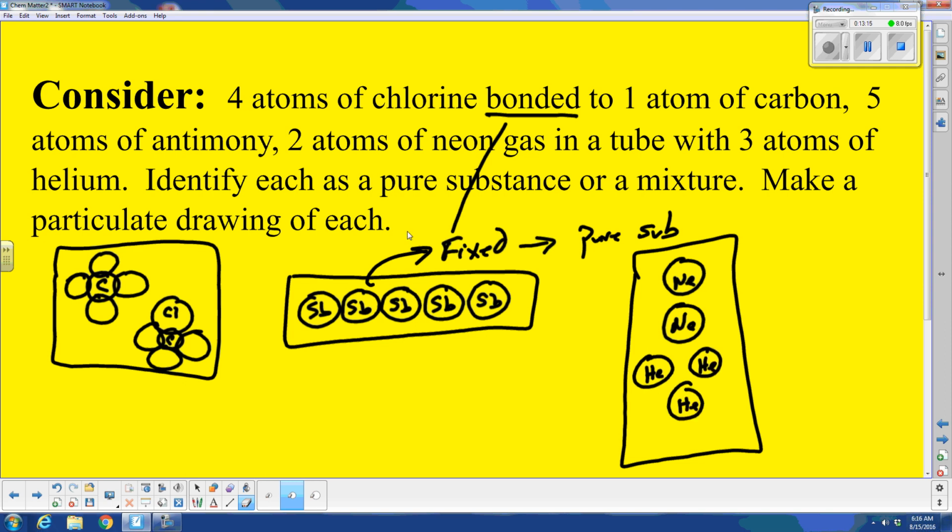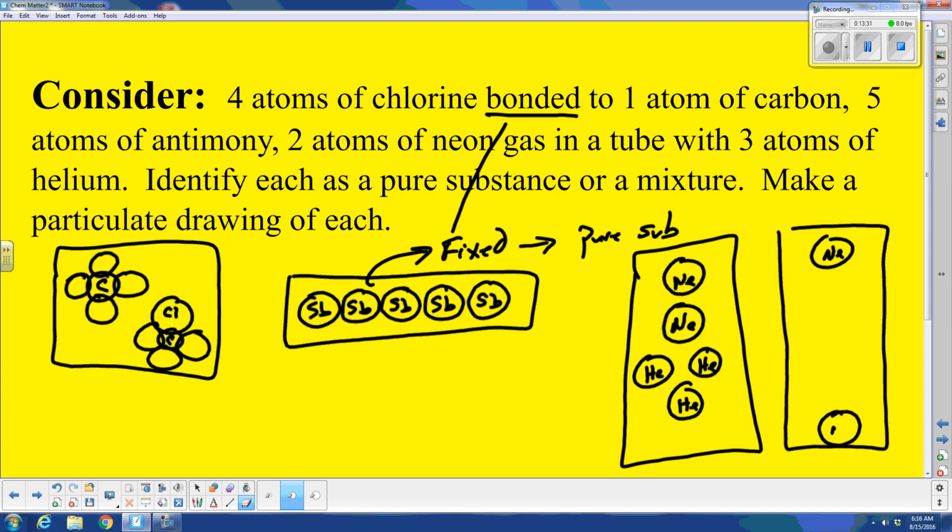Now the question is, is that a fixed composition? Is that changing? Can I move that around in a different way? What if I did this? What if I put 1 neon here and 1 neon here, and then I put my heliums in between all in a row?